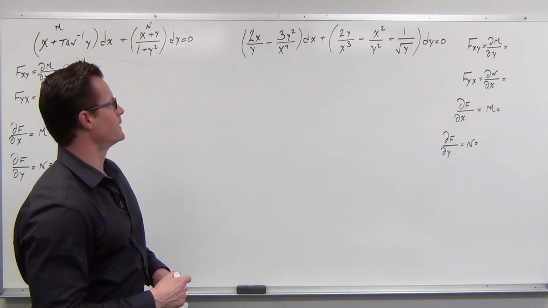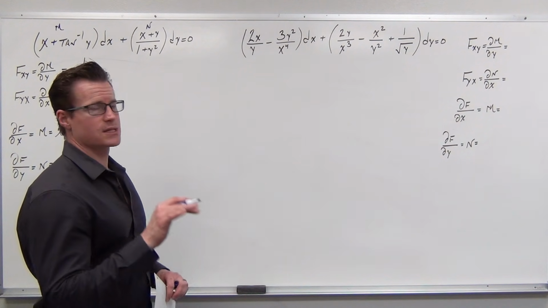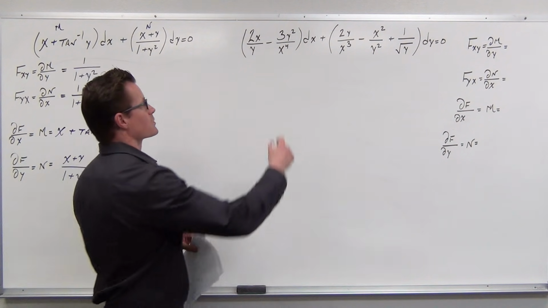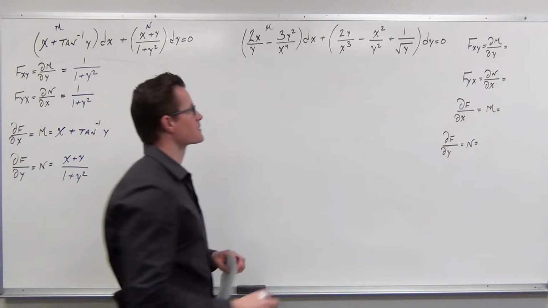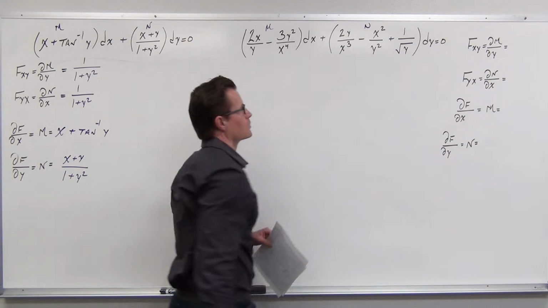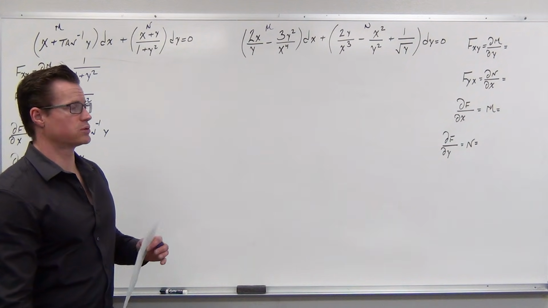Let's try this one. Where do we start? We start by thinking, if this is an exact differential equation, then that would have to be the partial of f with respect to x. That whole gorgeous piece would have to be the partial of f with respect to y. And man, we're going to write that down.